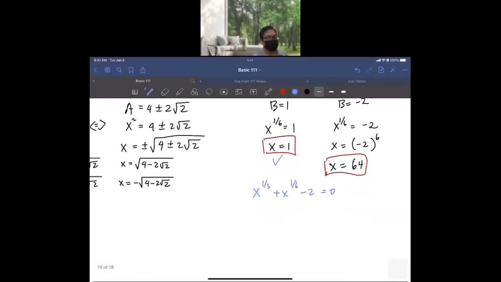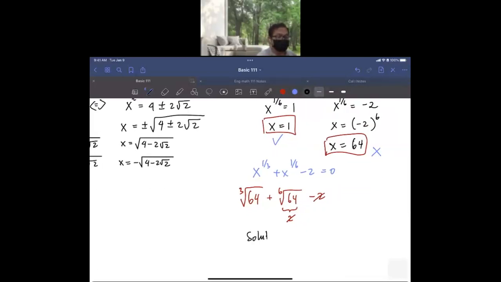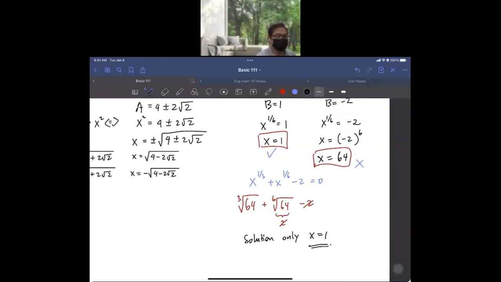If we check 64, let me write 64 here. 64 plus 64 minus 2. This is 2 by itself, we already calculated, but this is going to be cancelled out. So it's not a 0, right? It's not a 0. So x equal 64 is not our solution. The solution is only x equal 1.